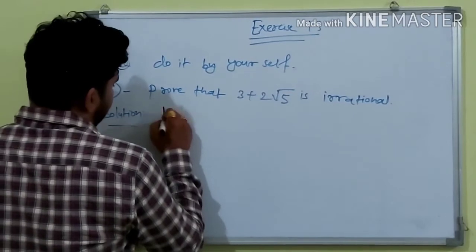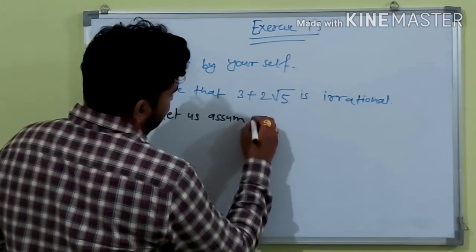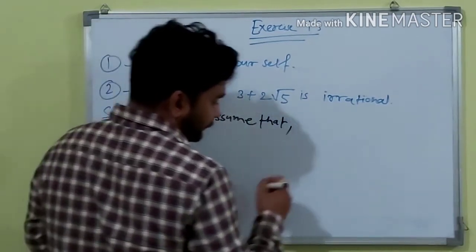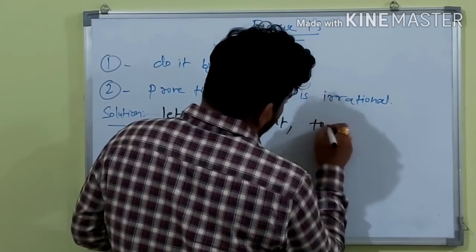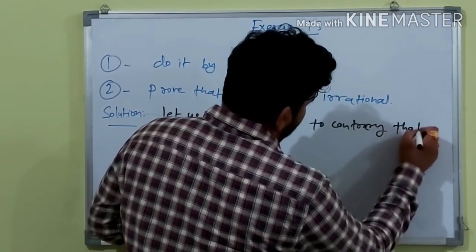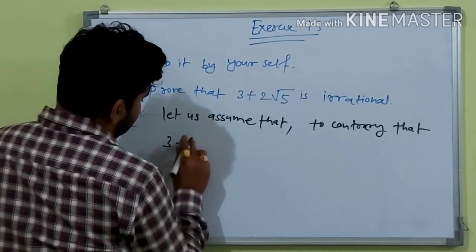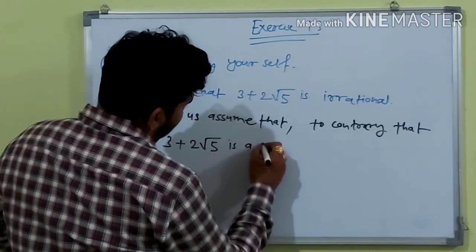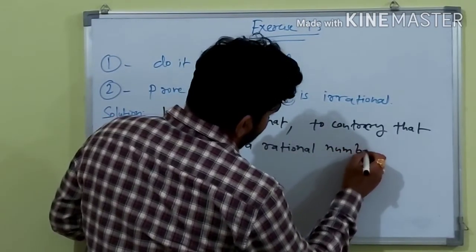Let us assume to the contrary that 3 plus 2 under root 5 is a rational number.